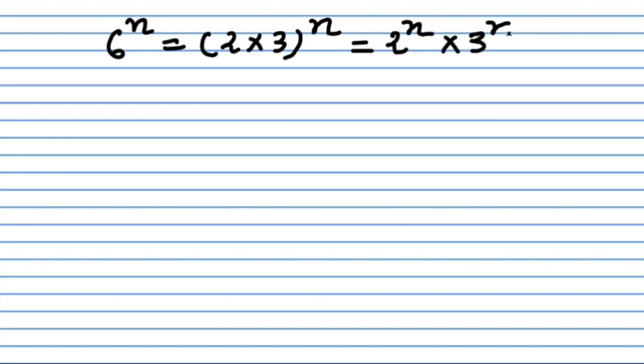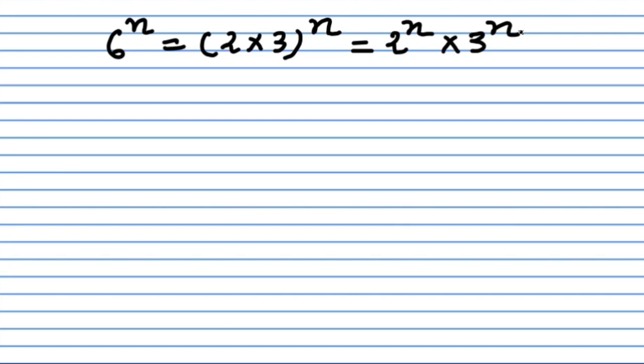So 6 raised to n, it means I can write it like this: (2 multiplied by 3) raised to n. So it is equal to 2 raised to n multiplied by 3 raised to n.